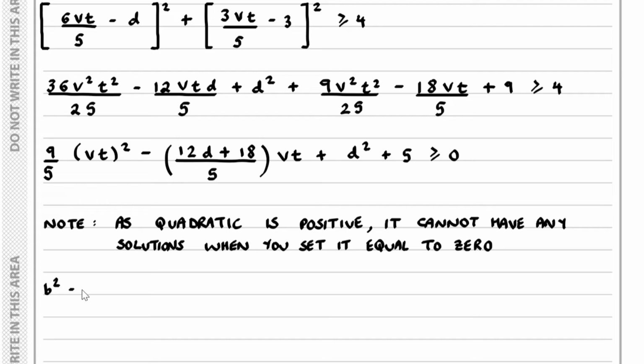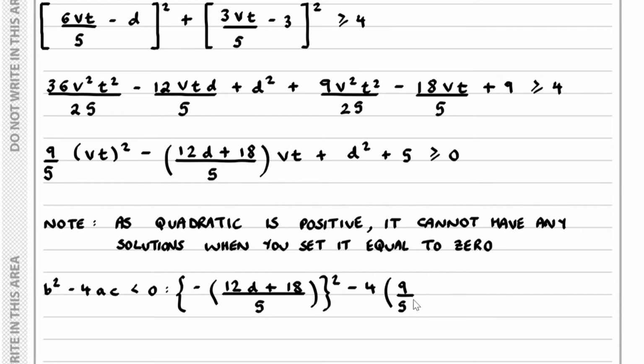So we've got b squared minus 4ac being less than 0, which means we've got b squared, so that is minus 12d plus 18 over 5, squared, minus 4 times a, which is 9/5, times c, which is d squared plus 5, this is less than 0.